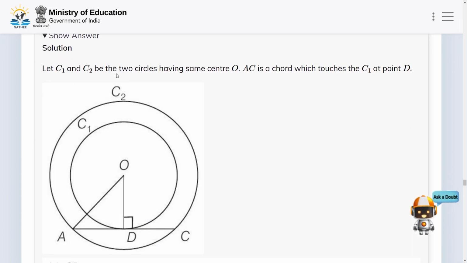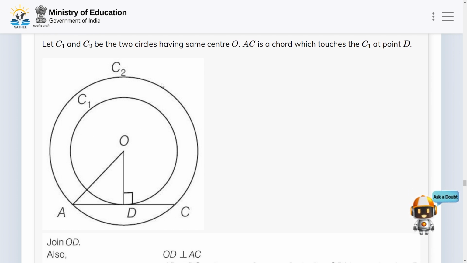Let C1 and C2 be the two circles having the same center O. AC is a chord which touches C1 at point D. So this is the figure.